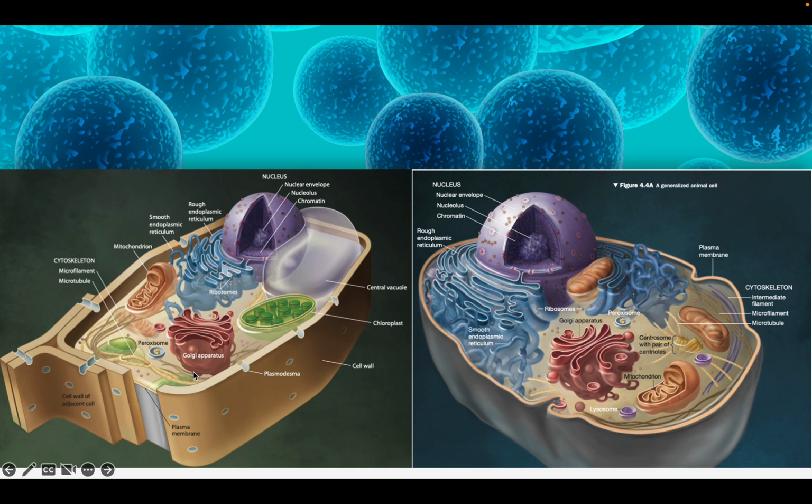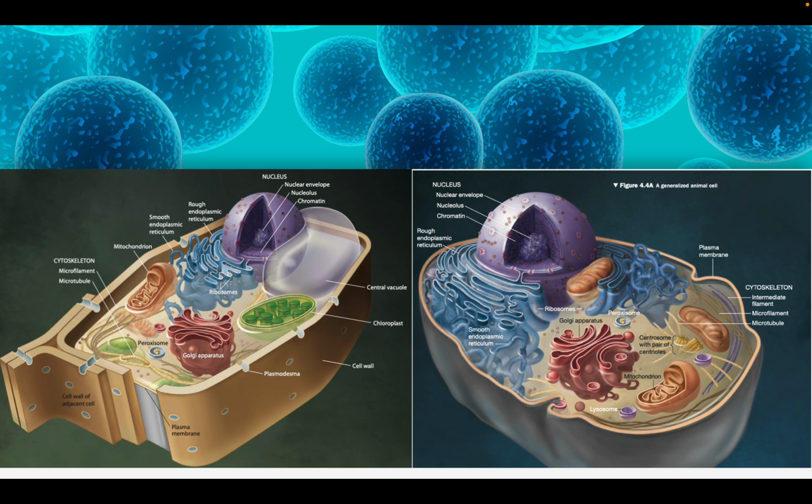So, these organelles work together in a highly coordinated manner to ensure the proper functioning of the cell. So, each organelle has a specific role in maintaining cellular homeostasis. What is that? Balance. Carrying out metabolic processes and facilitating communication within the cell and with the external environment.